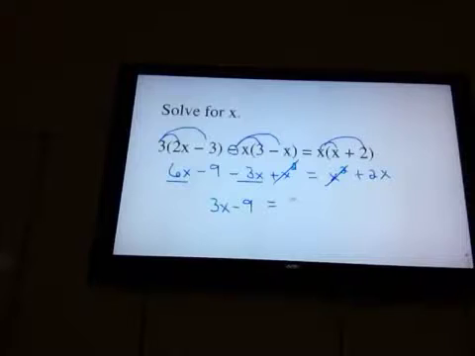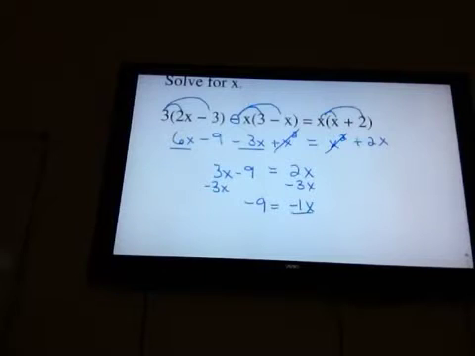On the right, I have left that 2x. And then I would subtract my 3x. So negative 9 is negative 1x, and divide by negative 1. And x is a positive 9.